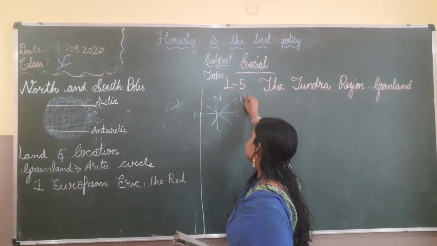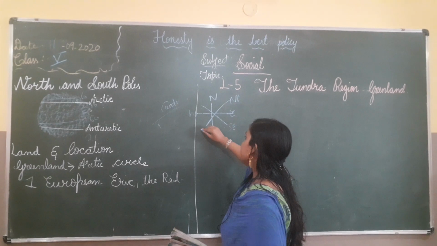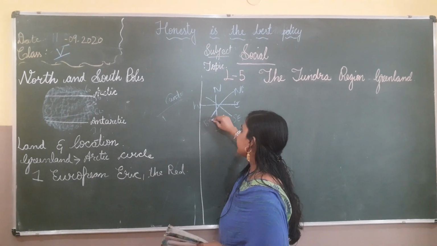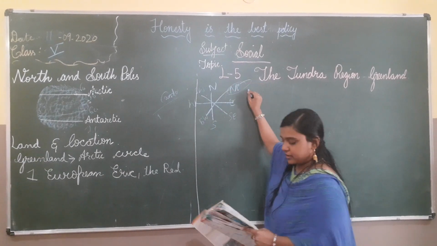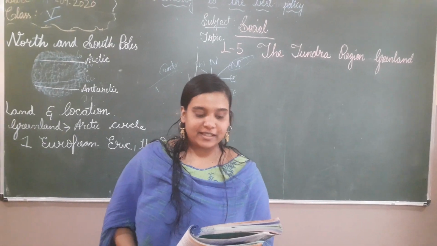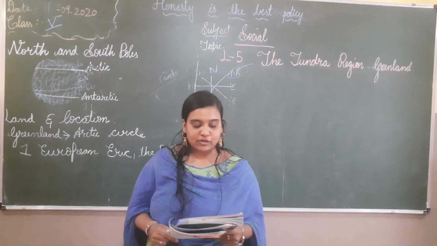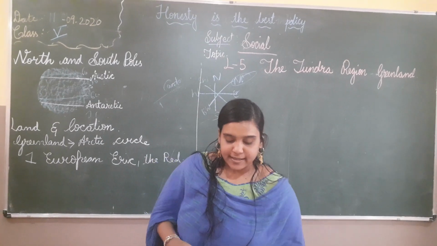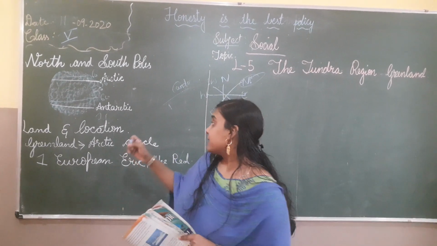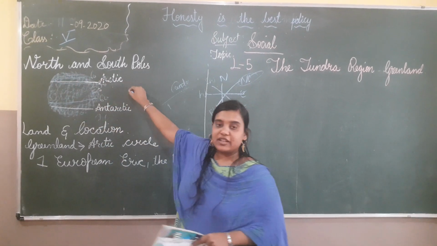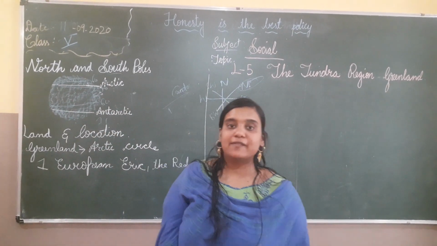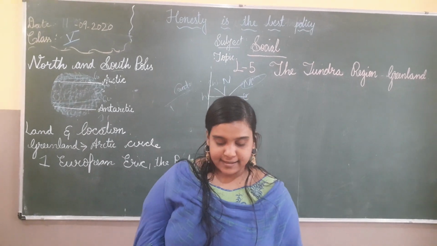Then we have northeast, southeast, northwest and southwest. So Greenland lies to the northeast of Canada. Most of Greenland falls in the Arctic Circle, my children.